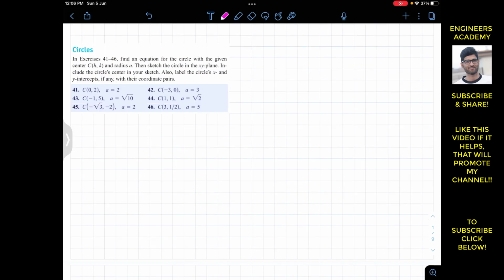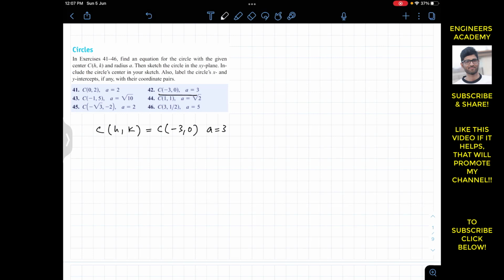Now the next exercise is exercise 42. Again we are given the center, which is h, k, and exercise 42 says that the center is at minus 3 and 0, and the radius is equal to 3.